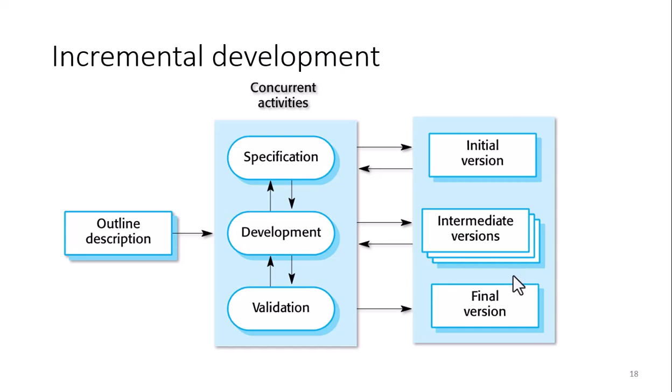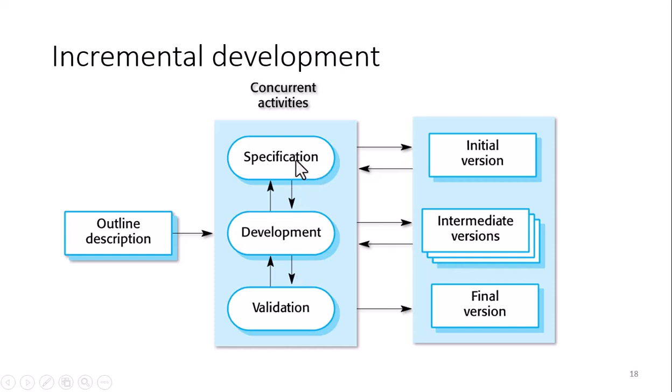If there is some error or problem, we can fix that and go back to the development phase. And if something is missing in the specification, we can go back to the specification, and then based on the new changes, corrections or modifications, we do implementation and then validation.